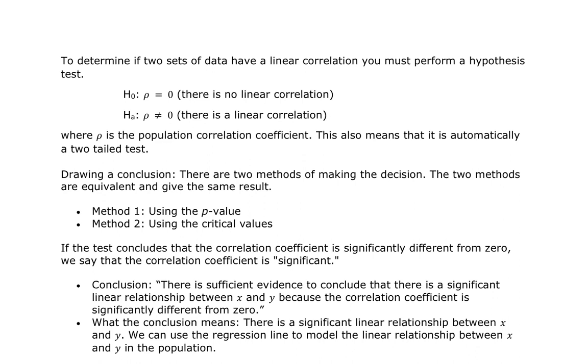So what does this mean? It means there is a significant relationship between x and y, and it's linear, and we can use this line of regression to model linear relationships between x and y within the population.